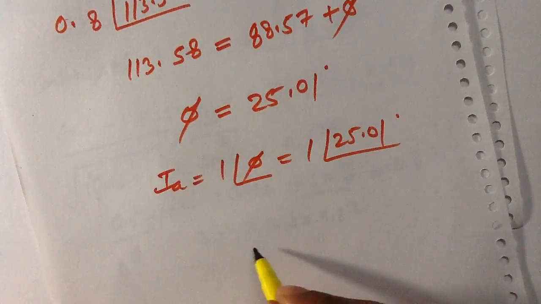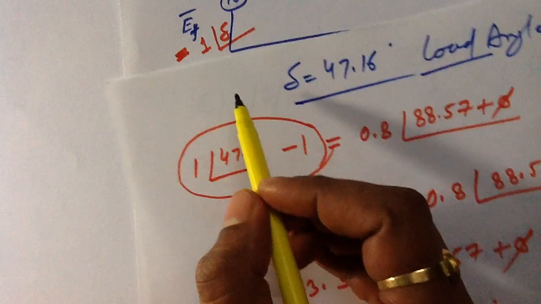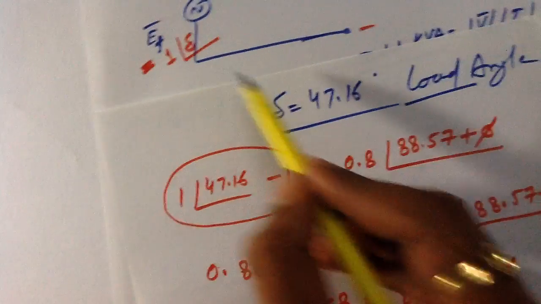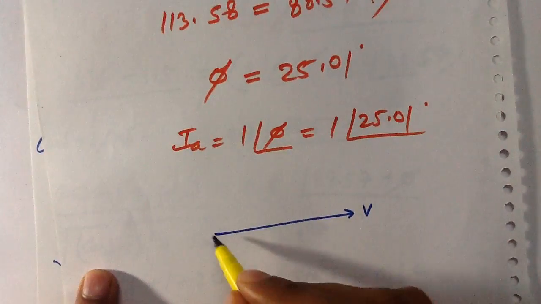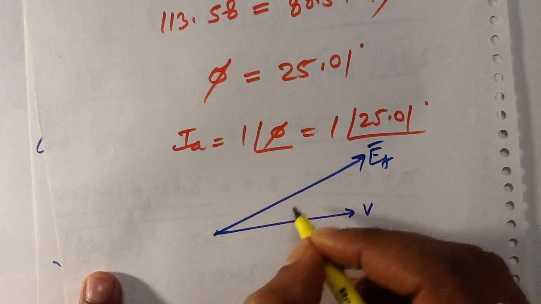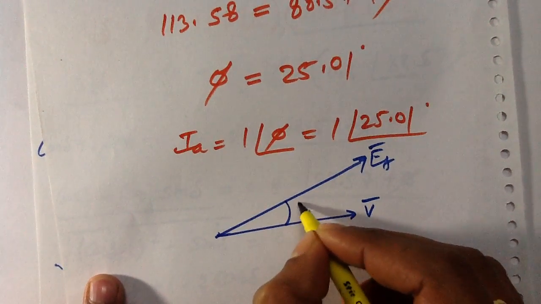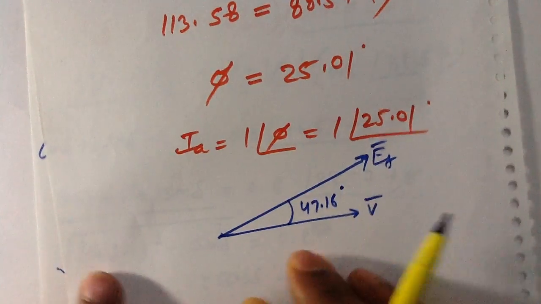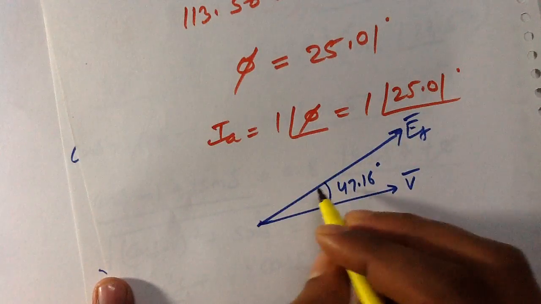If you draw the phasor diagram, this is the terminal voltage and the EMF is 1 angle delta, where delta is 47.16, so the internal EMF will be here. The angle between the internal EMF and the terminal voltage is 47.16 degree, and the current is leading.